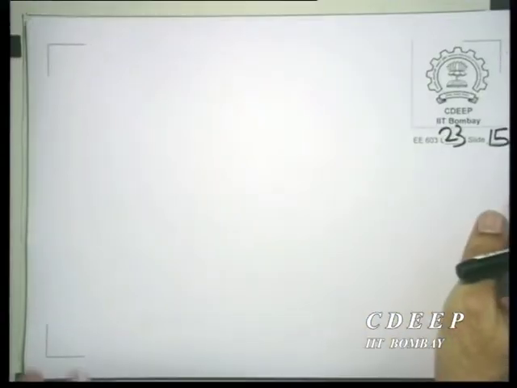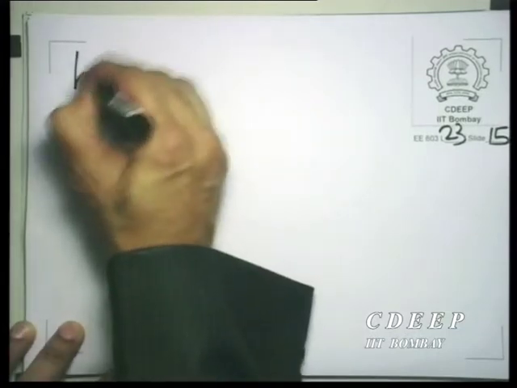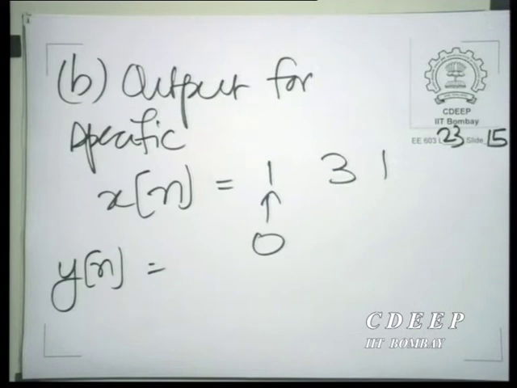Now of course the next part of the question was to write down the output for a specific input. And the specific input was this, and of course one can simply substitute and one can get the following expression.